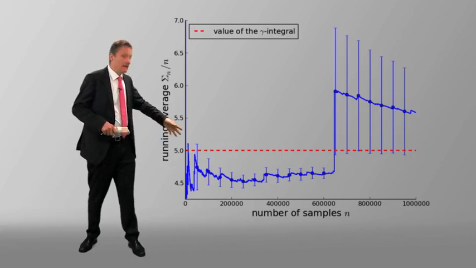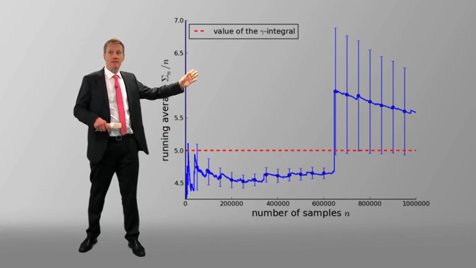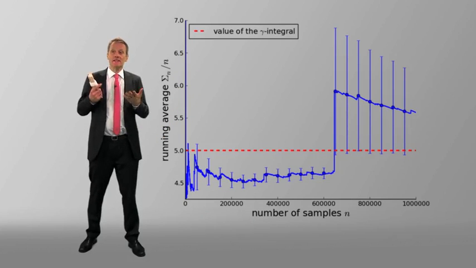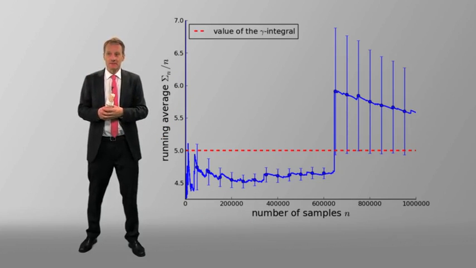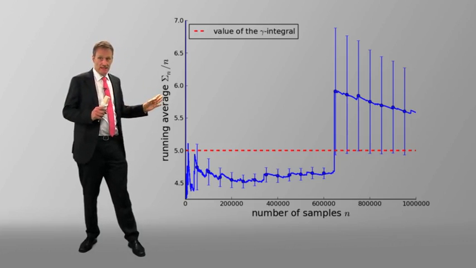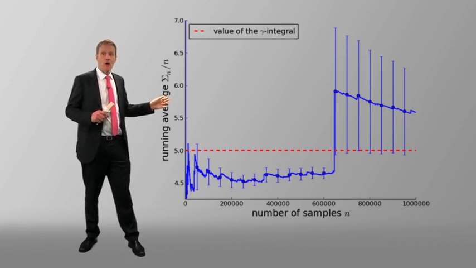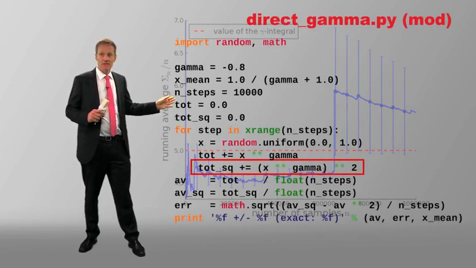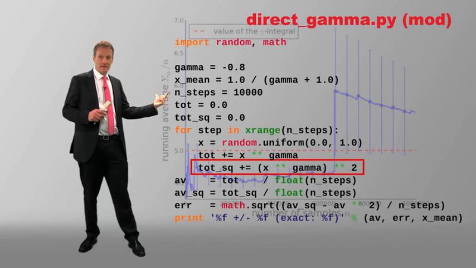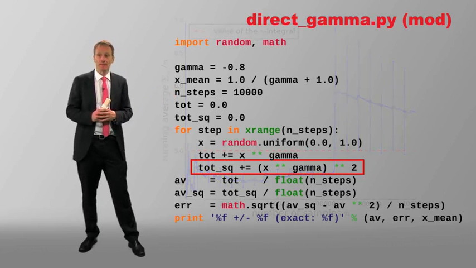Then the very large sample hikes up the mean value and also increases the error estimate. Now let us analyze what the problem is here. The problem is that we have an estimation of the variance of our distribution as the sum over the random numbers to the power of 2 gamma, as you see here in the program.